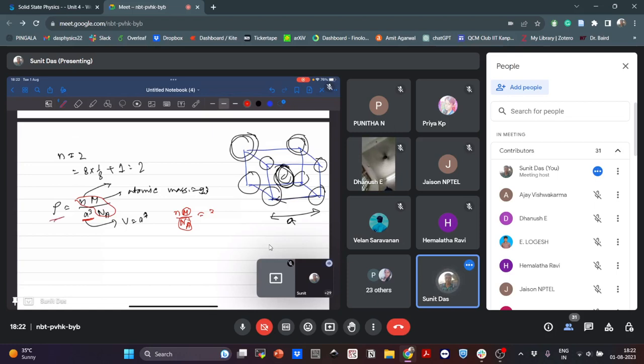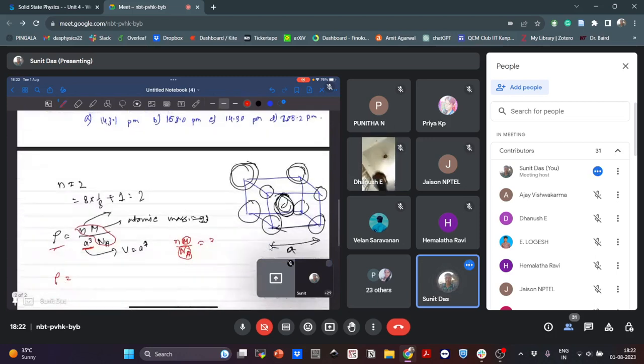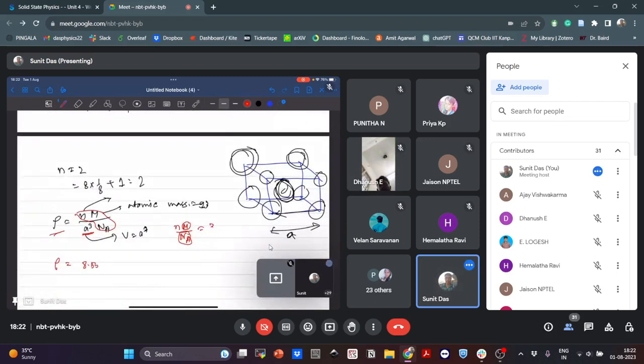So in our case, rho is given as 8.55 gram per cm cube, and we have n.